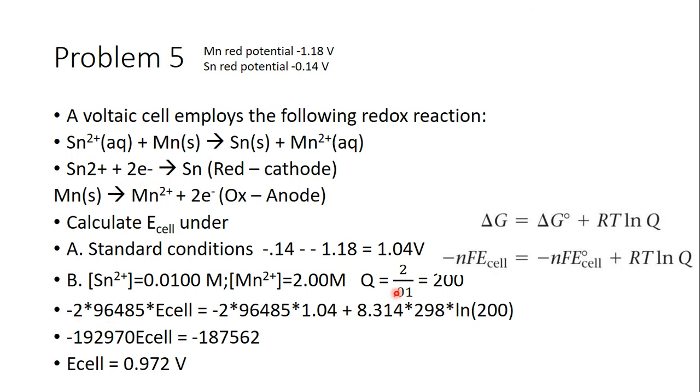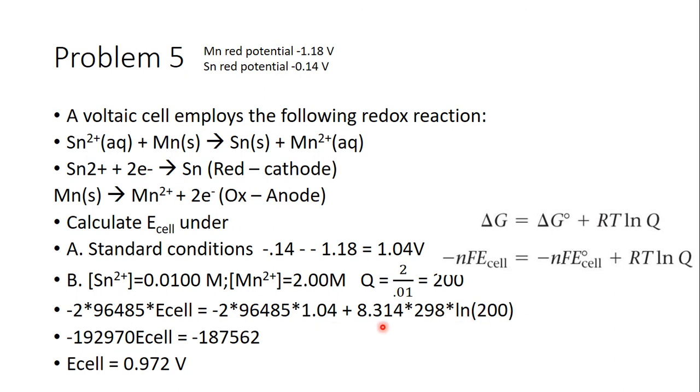So minus 2, remember N is number of electrons, times the Faraday's constant, 96,485, times E cell, that's what we're calculating, equals minus 2, 96,485, times E cell under standard conditions, 1.04 from A, plus R, gas constant, 8.314, 298, we're going to say we're at 25C, multiplied by the natural log of Q, which is 200.